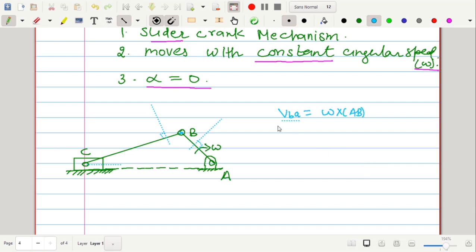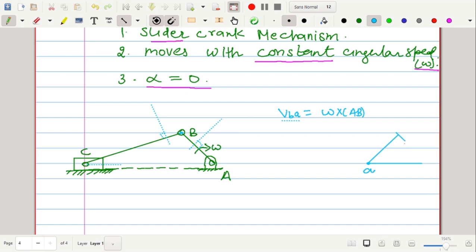So let us first select the fixed point as A, then we have this vector, just project this vector here, then we have the velocity of the slider in this direction, and the velocity of B with respect to C. So we can take this vector in this direction and project it.